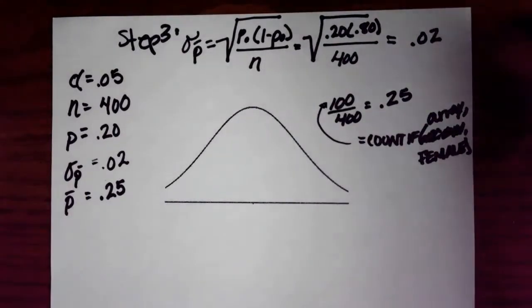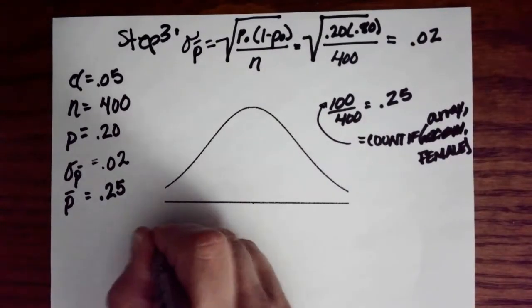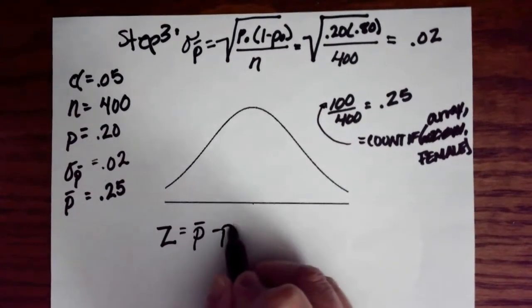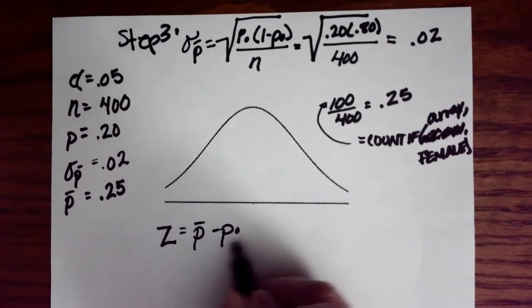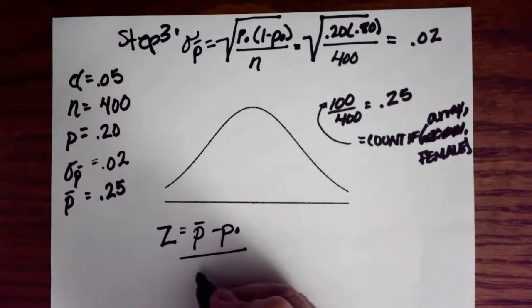All right, so we've computed the standard error of our proportion. Now let's compute our z-value. Our z, again, is our sample proportion minus our hypothesized value, 0.2 in this case, over the standard error of our proportion.